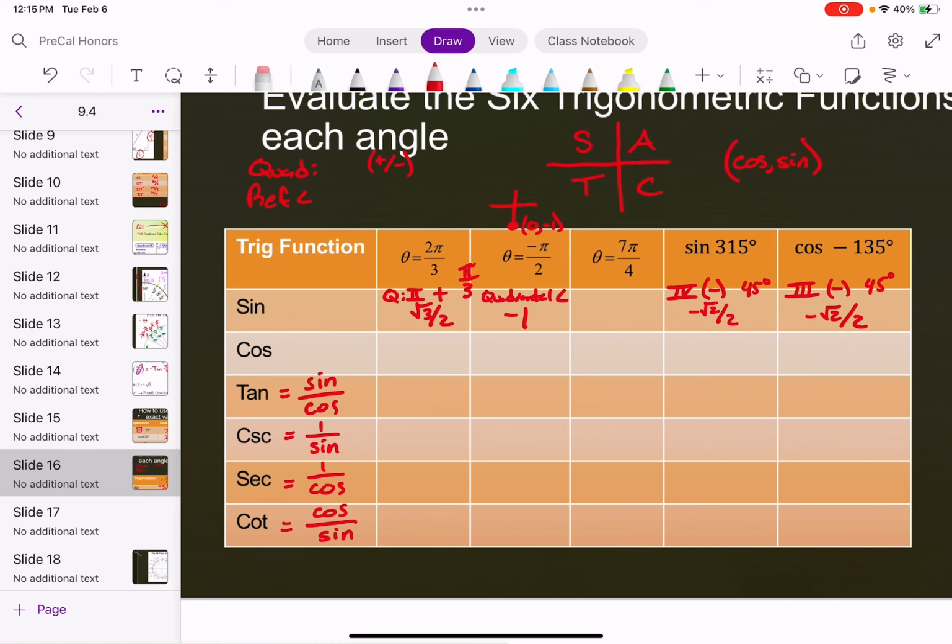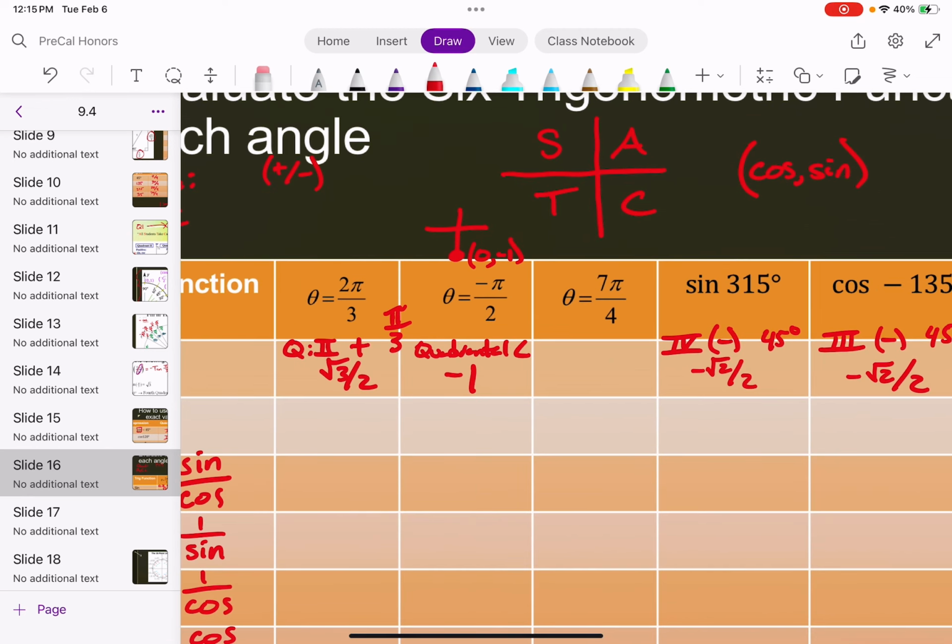So let's take a look at our last problem, which we'll do together, theta is equal to 7 pi over 4. So 7 pi over 4 would be quadrant 4.